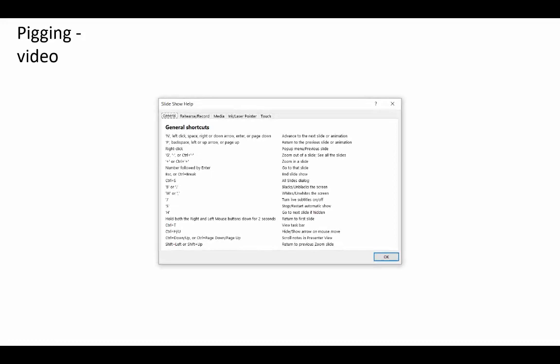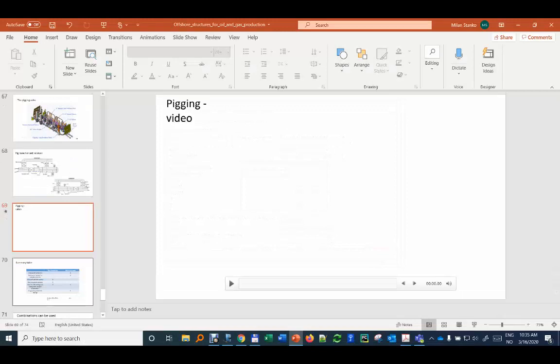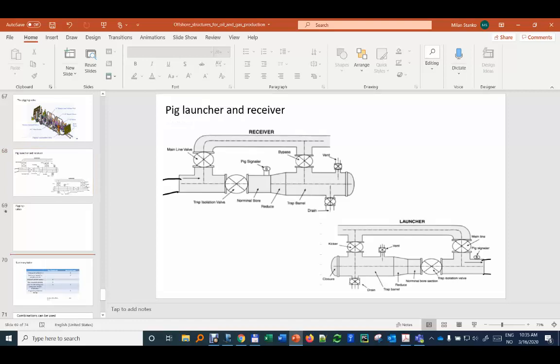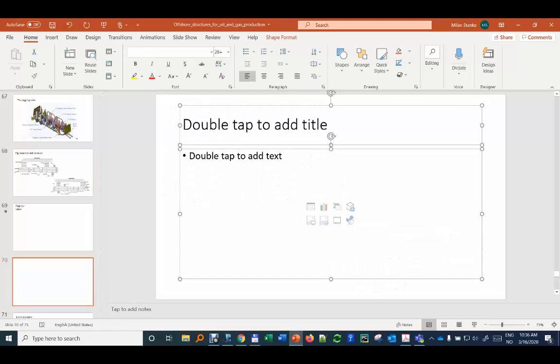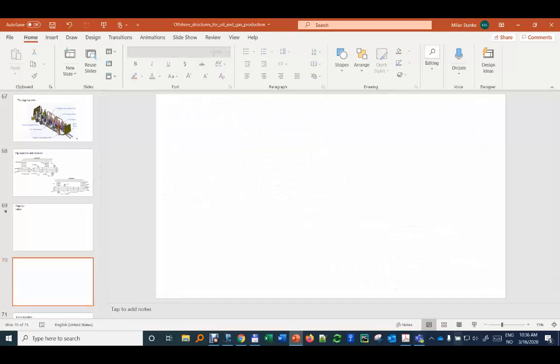Okay, before we go to leaf pigging, let's have one more comment here, that sometimes pigging can also be done offshore.